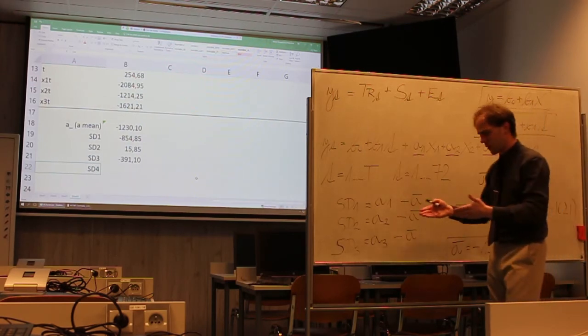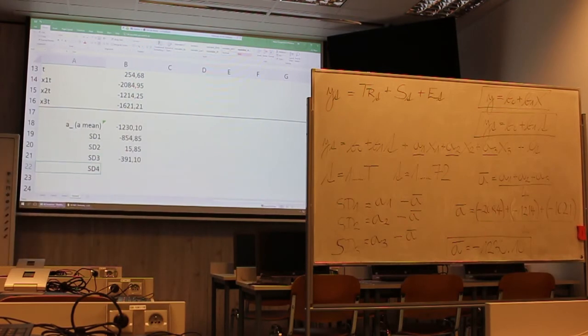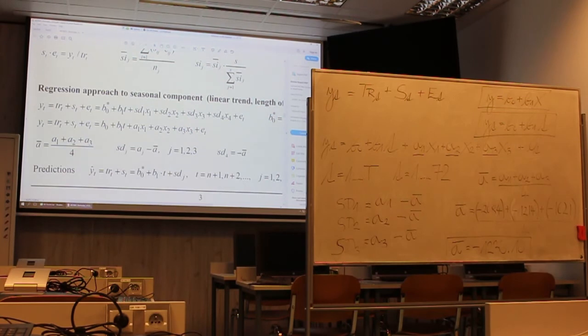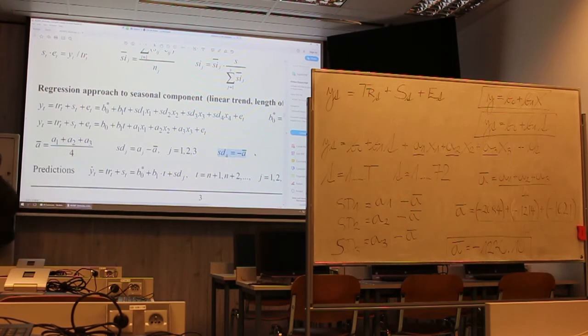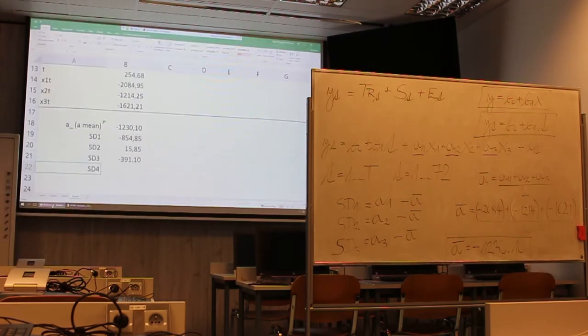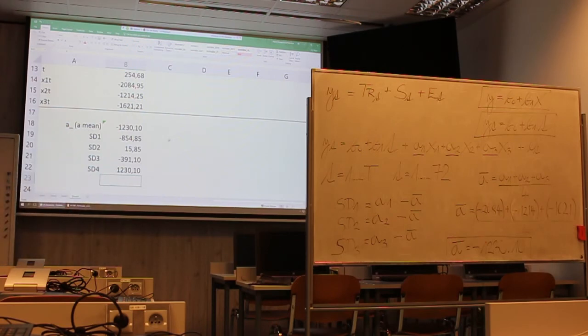SD4 is calculated as minus A with stripe. Please be careful: A with stripe is negative, so minus minus is plus. SD4 is 1230.10 Czech crowns.